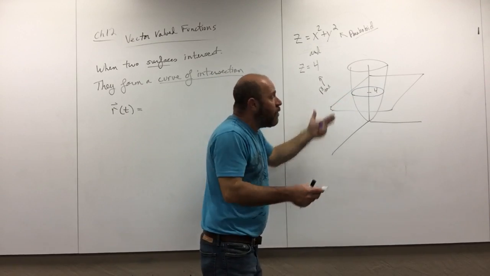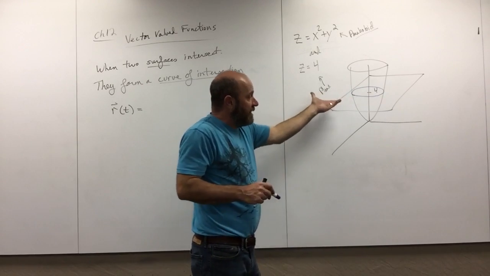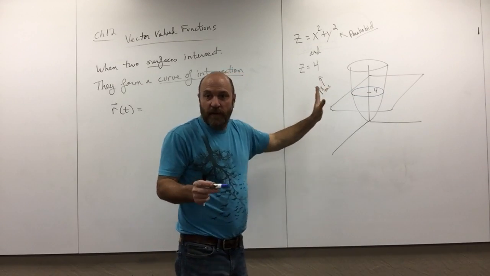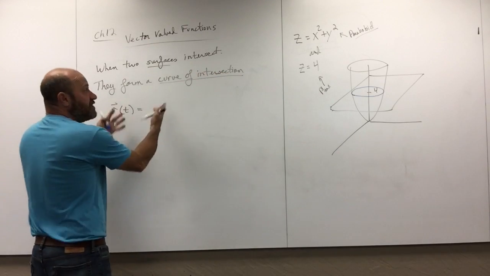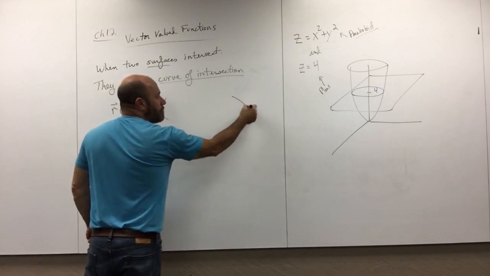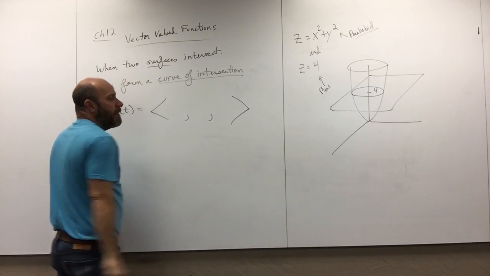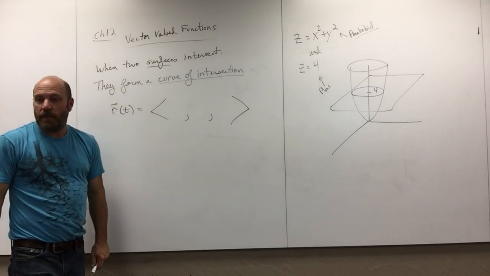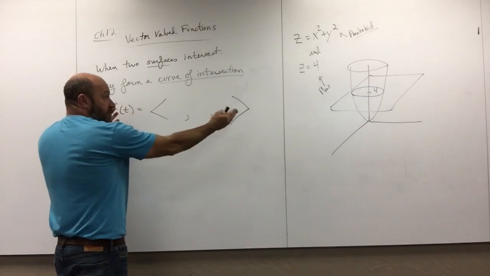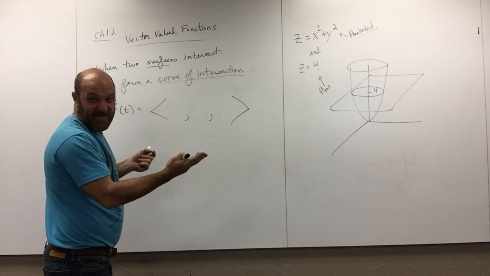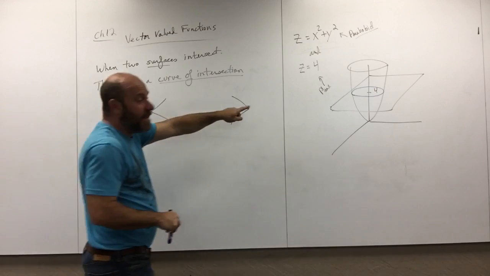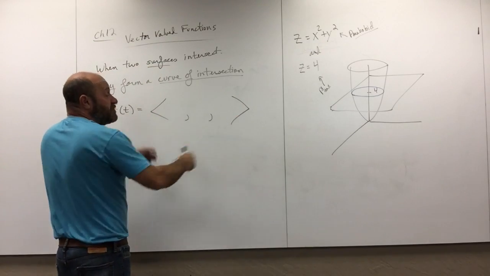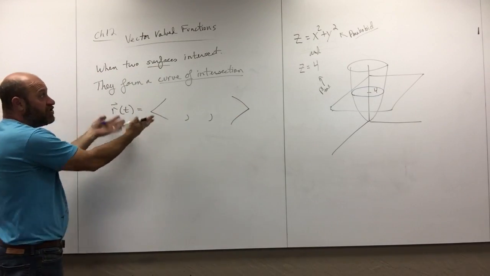And here's what I want, though. This is a nice picture of it, which is cool, but that's the curve of intersection, and I want its equation. It's sort of 2D, but it's sort of 3D. I want its equation using vector-valued function notation.